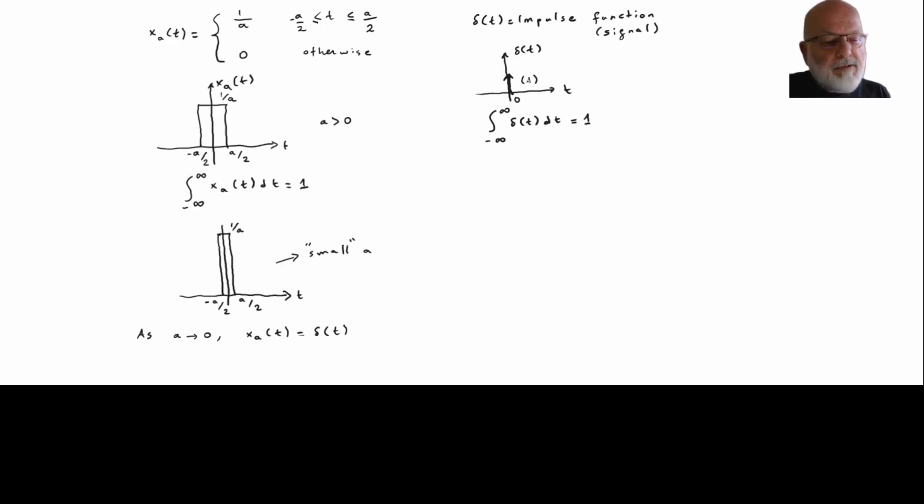And that will be the strength of the impulse. Instead of 1 in the brackets, we are going to write down 5 for the strength of the impulse. So this is called the strength of the impulse.